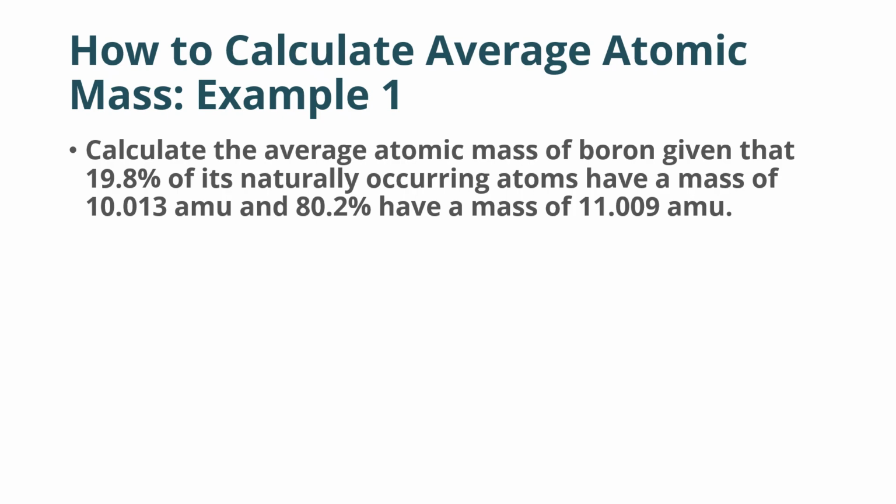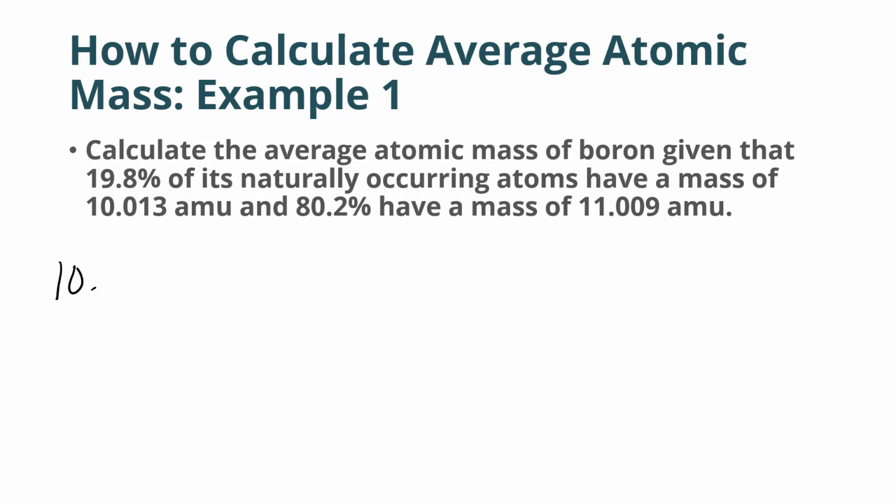I could give you a question where it's an unknown element, and based on this average atomic mass, you have to identify the element. In some other questions, which we'll cover later, you are going to have to determine the percentages.